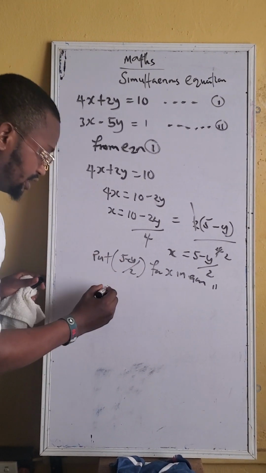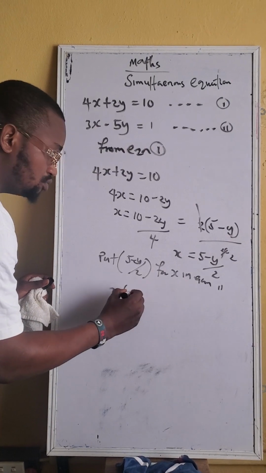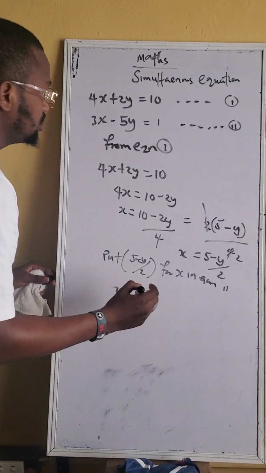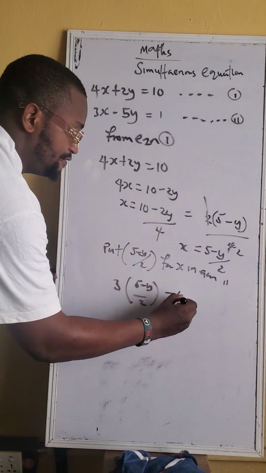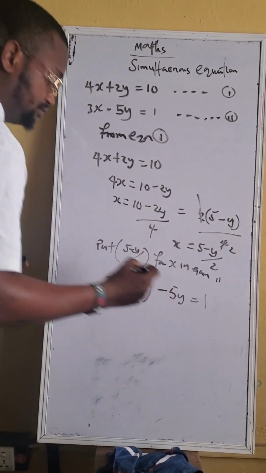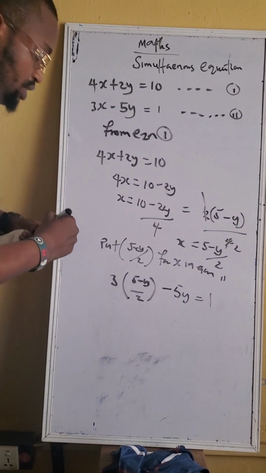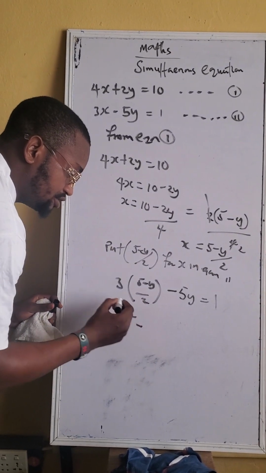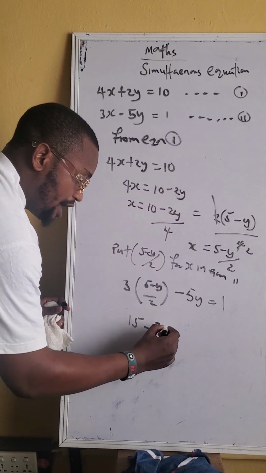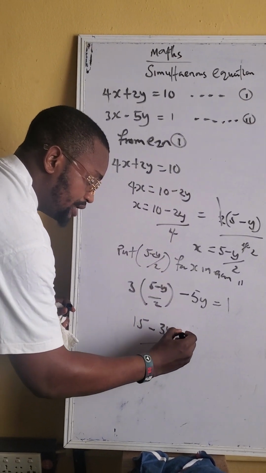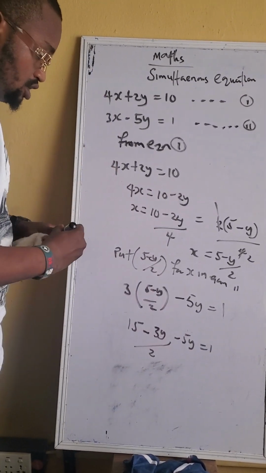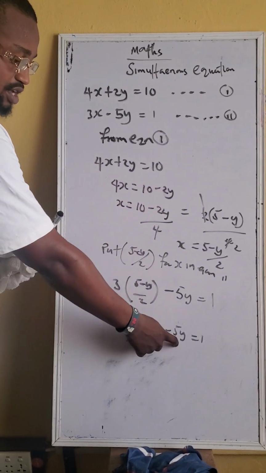We can say 3 open bracket 5 minus y over 2 minus 5y equals 1. We can say 3 times 5, we can say 15 minus 3y divided by 2 minus 5y equals 1. Now this is having a fraction, this is not having a fraction.